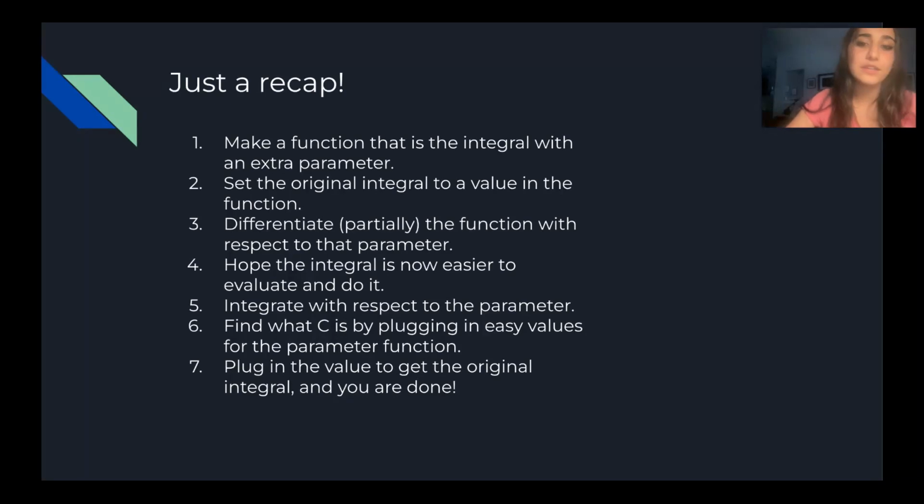And you're going to hope that the integral is now easier to evaluate and actually evaluate it. And if it's not easier to evaluate, you will need to go back to step 1 and identify a new place to place your parameter. Then you're going to integrate with respect to the parameter, and you're going to find c as we did previously by plugging in these easy values for the parameter function. You're going to finally plug in that value to get the original integral, and you're done.